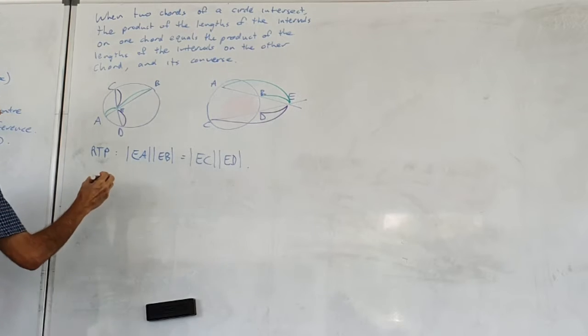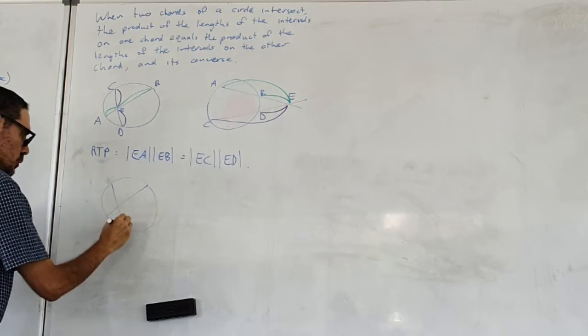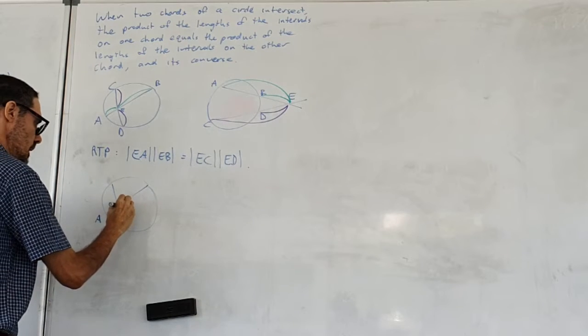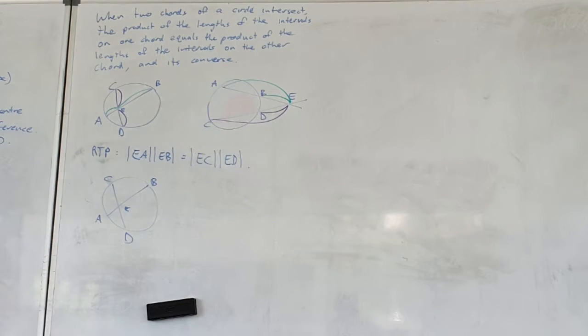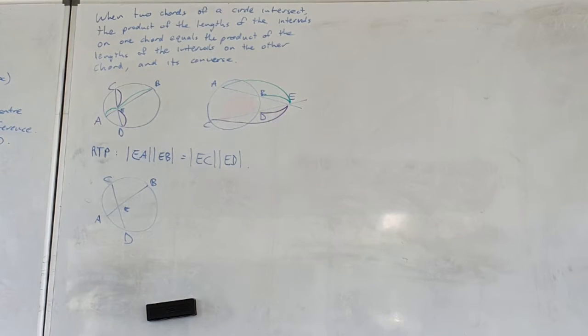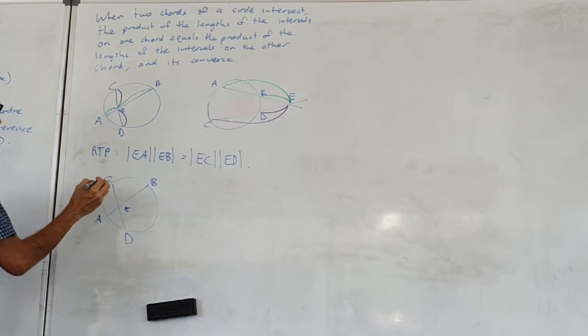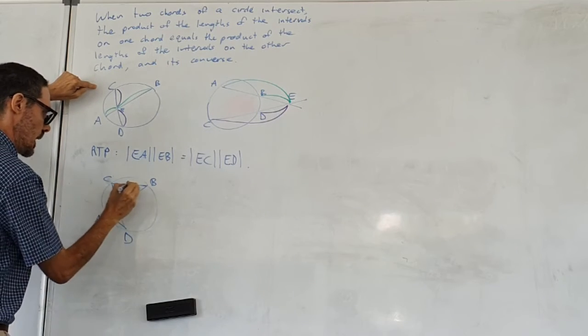Okay, let's look at the first case. A, E, B, C, D. What can I say for sure? Let me draw A, B, C, D. Now it doesn't really matter, but I want to do it the same way they did. I'm going to draw this one and this one as additional lines.